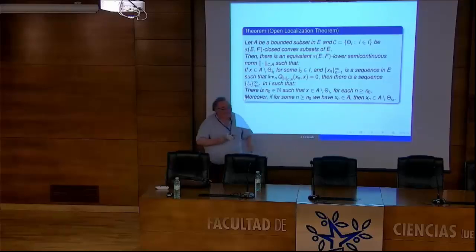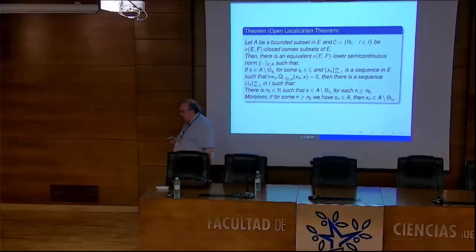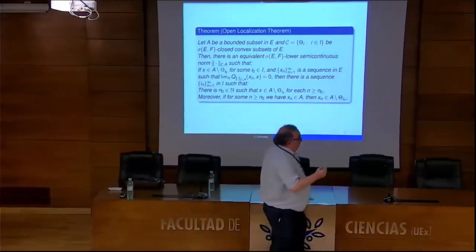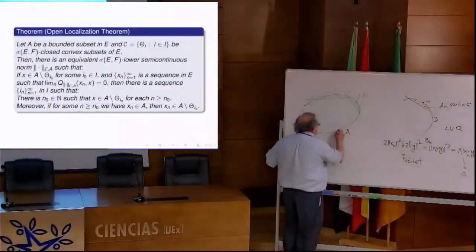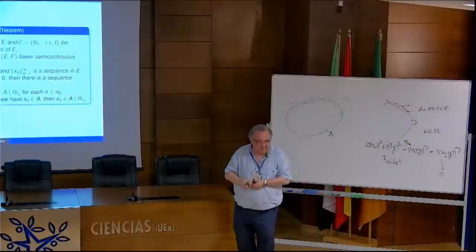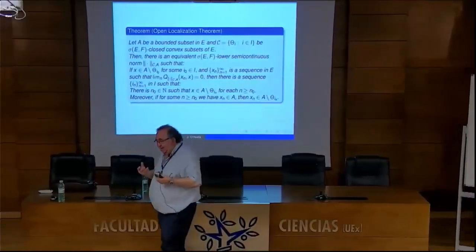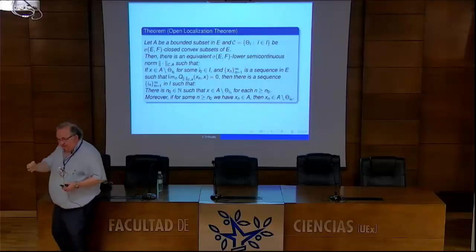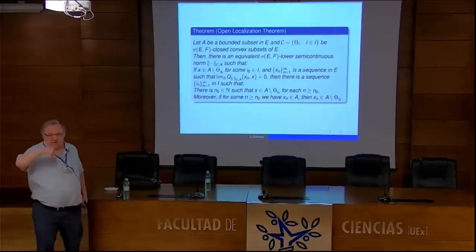So for x and xn in my sequence, looking for the renorming, if x is here, xn is also there. There is a sequence of sets such that if x is in, xn is also, eventually.